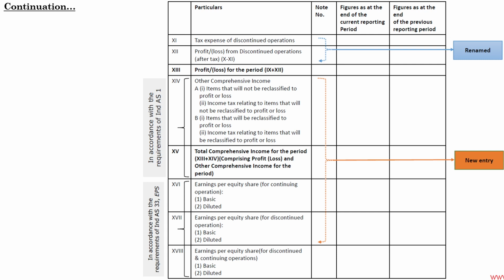Anyway, other comprehensive income is classified into two main categories. First one, items that will not be reclassified to profit or loss. So what are the contents that come under items that will not be reclassified to profit or loss?